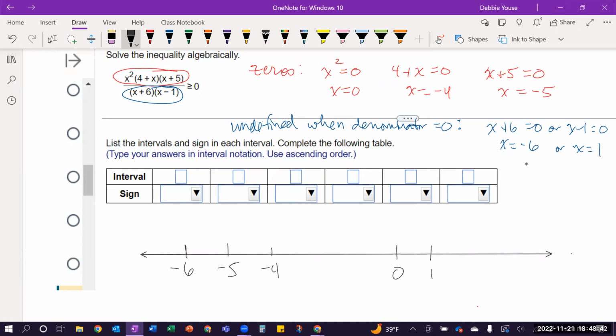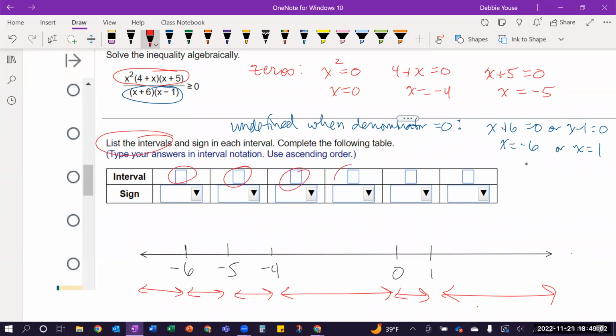So what does that do? That creates 1, 2, 3, 4, 5, 6 intervals from left to right. So that's what I'm writing to list the intervals in these 6 spots.